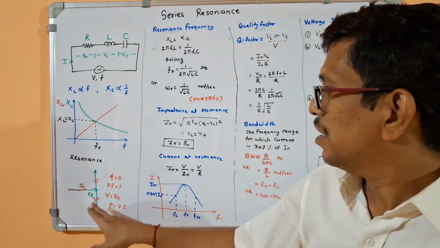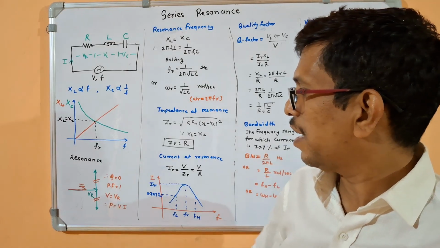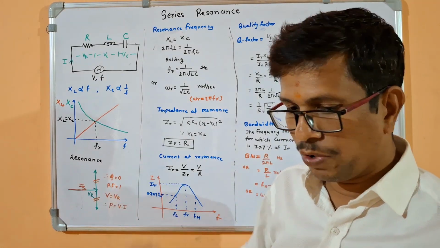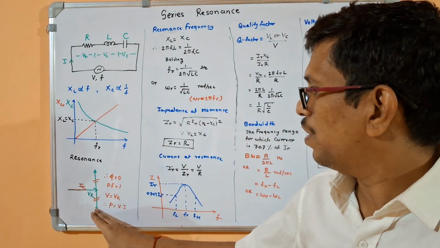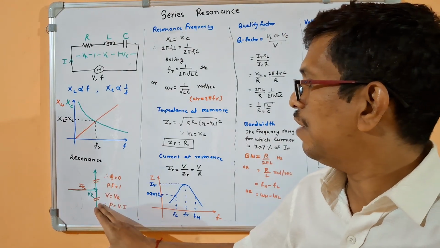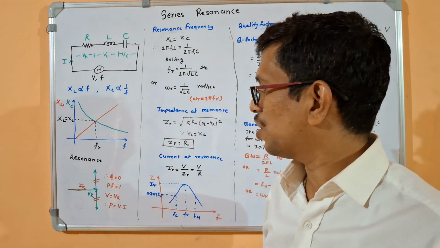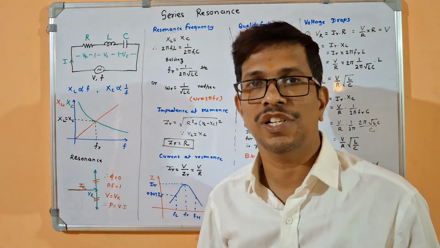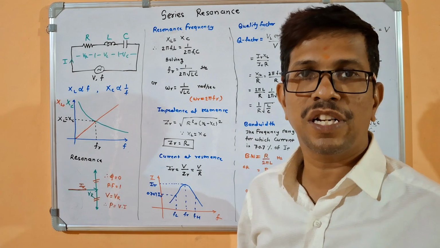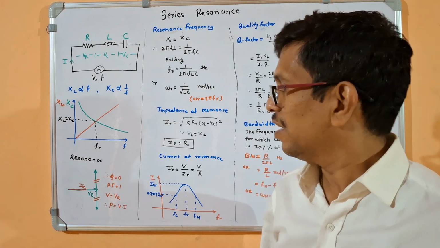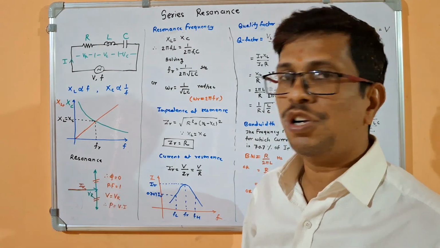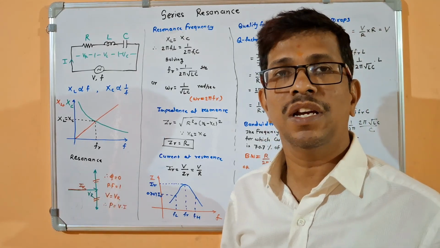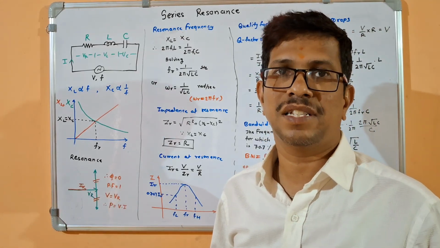What happens here? See, through this phasor diagram we will come to know if VR is along x-axis, upward is VL and downward is VC. This VL and VC will cancel out each other, and therefore the net voltage or the resultant voltage, which is nothing but total voltage which we have applied V, exactly becomes equal to resistive voltage, and the current which is flowing will be in phase with that resistance.